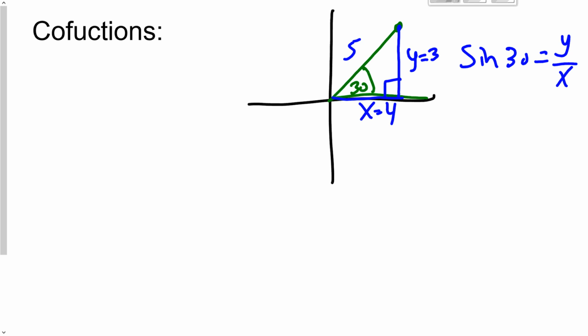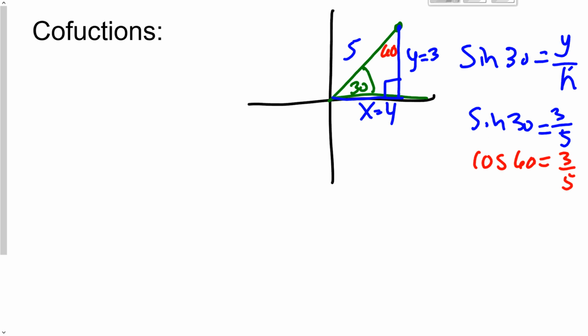Okay, so sine is equal to y over the hypotenuse, not over x, sorry. So sine of 30 is 3 over 5. Well, if this is 90, this is 30, that means this one has to be 60, correct? So if we look at cosine of this angle, cosine of 60, that would also equal 3 over 5.